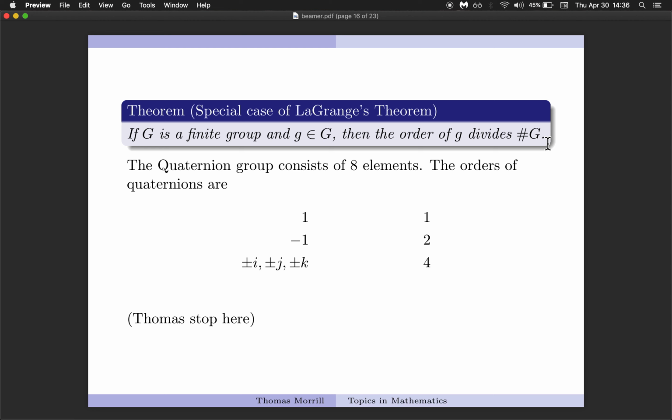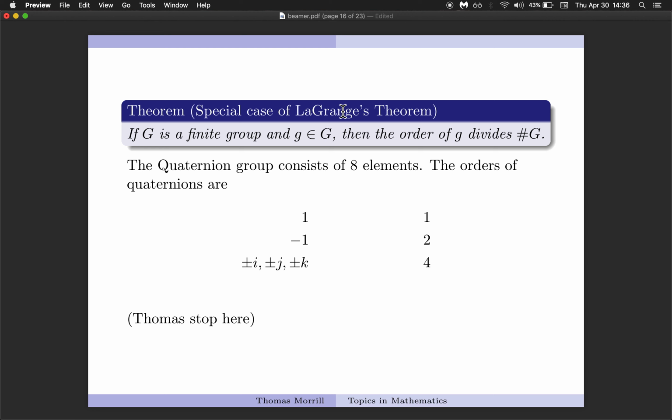So in this setting, I do want G to be finite. I can't talk about divisibility if I've got infinities running around. If that's the case, then the order of the element, lowercase g, has to be a divisor of the number of elements I've got. So in particular, all of my elements here have to themselves have a finite order.